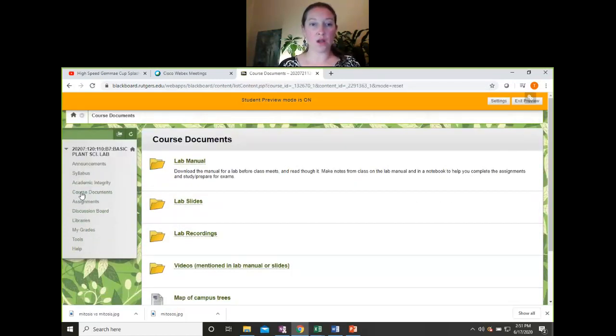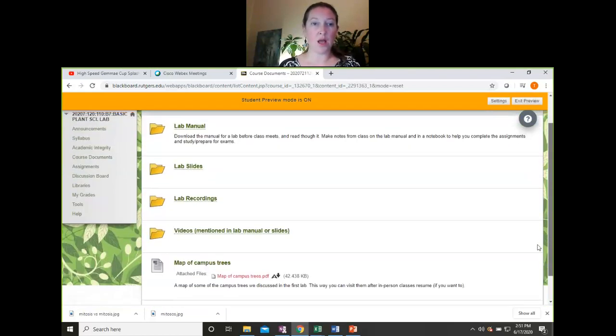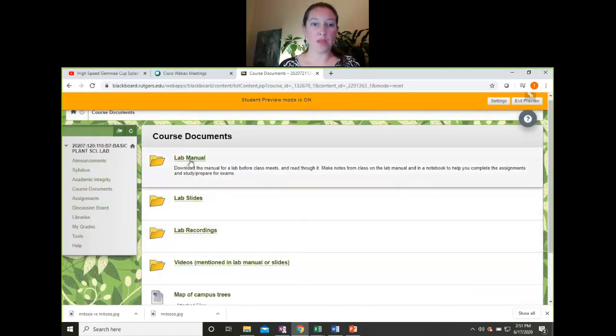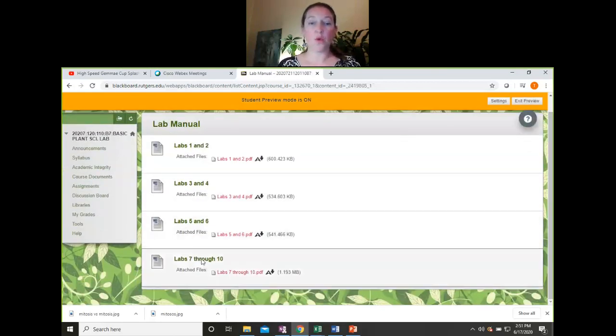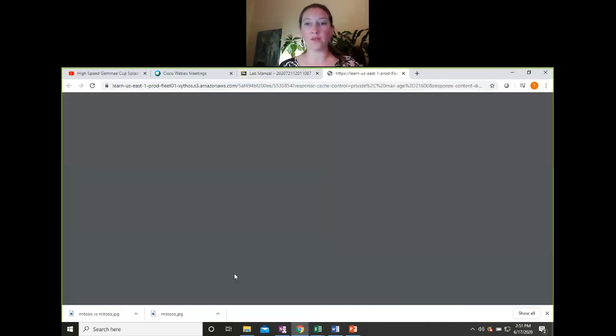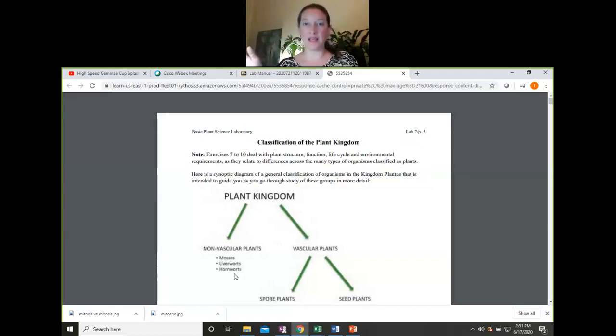And then in the course document folders, you should already know this, but just in case, I want to pull up the lab manual to show you. The last 4 labs, 7, 8, 9, 10, all focus on the plant kingdom. So the plant kingdom at large.